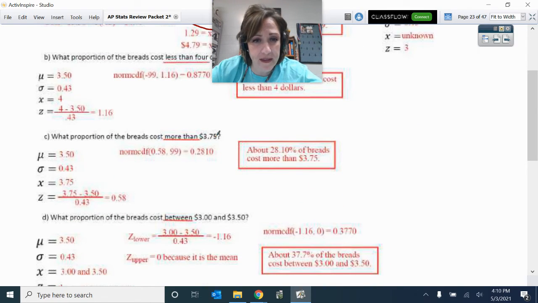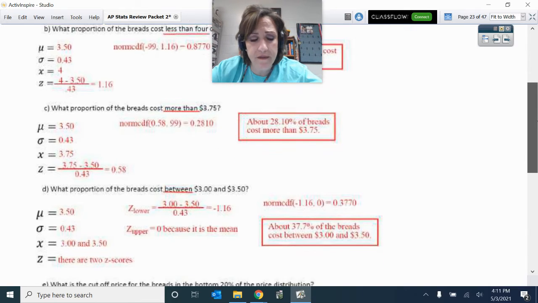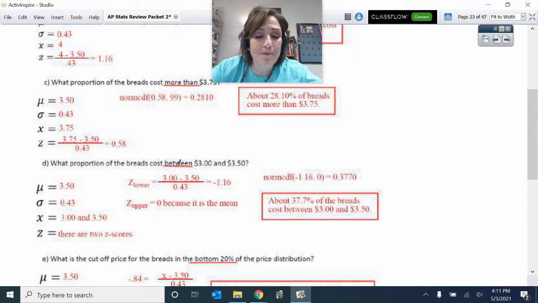Proportion of bread costs more than this, so that is your X. So you're going to do X minus the mean over the standard deviation and normCDF, the area above. Here is in between $3 and $3.50. So we have got two X values. So we're going to take those two X values and get a z-score for both of them.